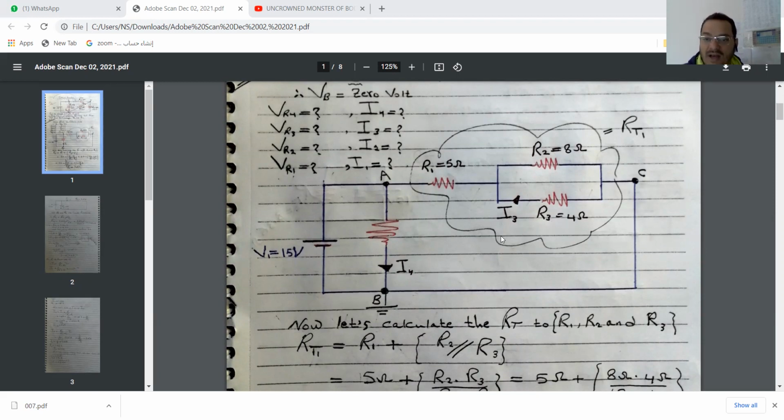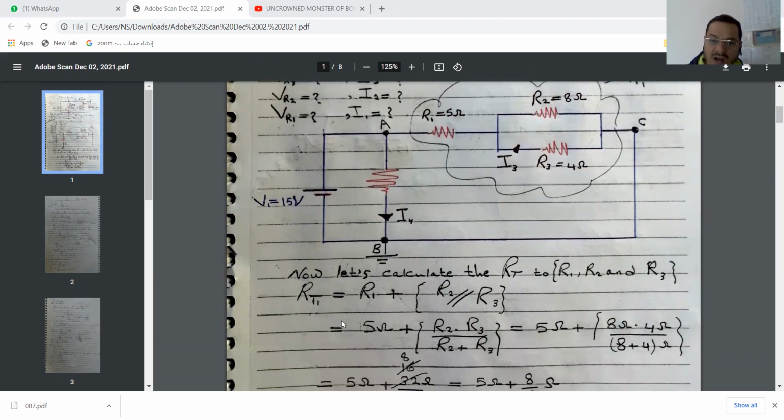By that, at first, what does it mean? R2 and R3 are parallel resistances. Let's calculate RT1 by saying R1 is in series with Rn1. Rn1 is the value of these two parallel resistances, R2 and R3.